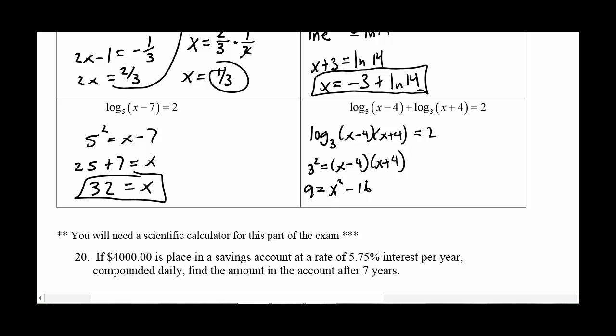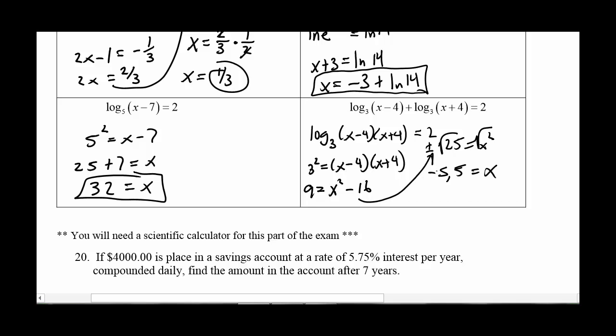Let's bring the 16 over. So that's 25 equals x squared. Then I want to take the square root of that, so I get plus or minus. So I get negative 5 and positive 5 as my two potential answers.